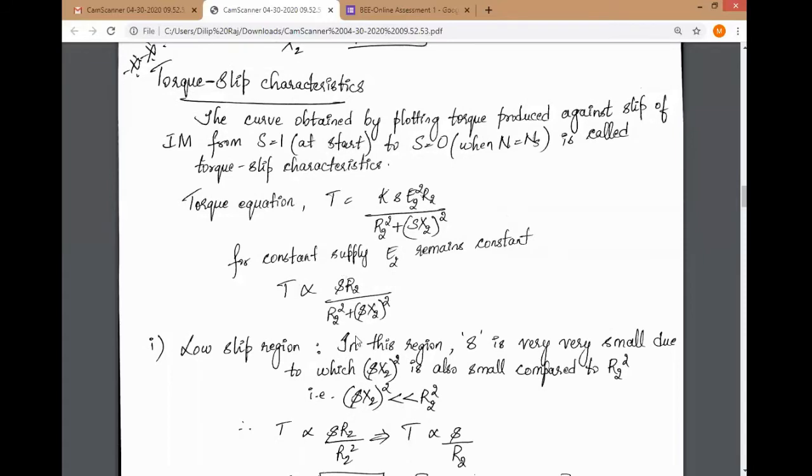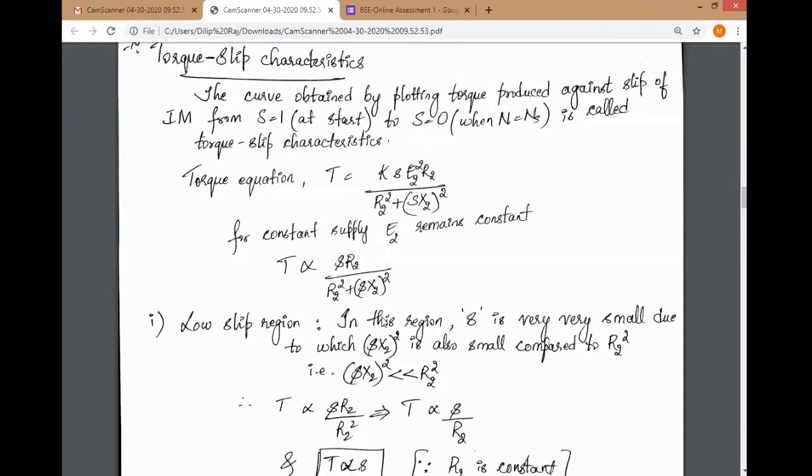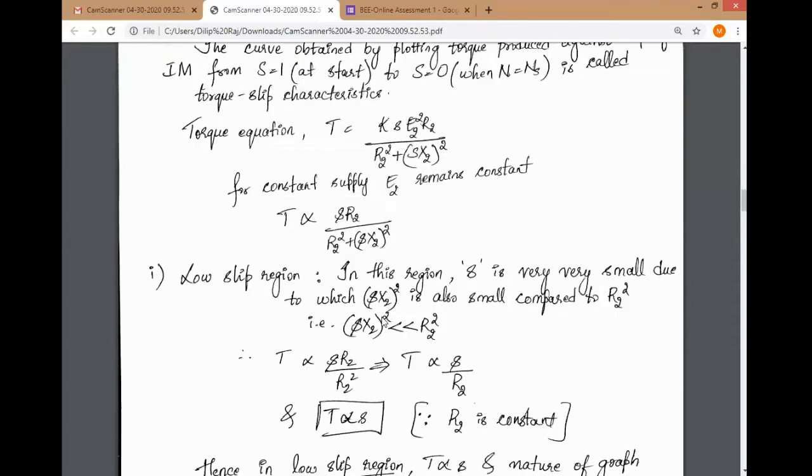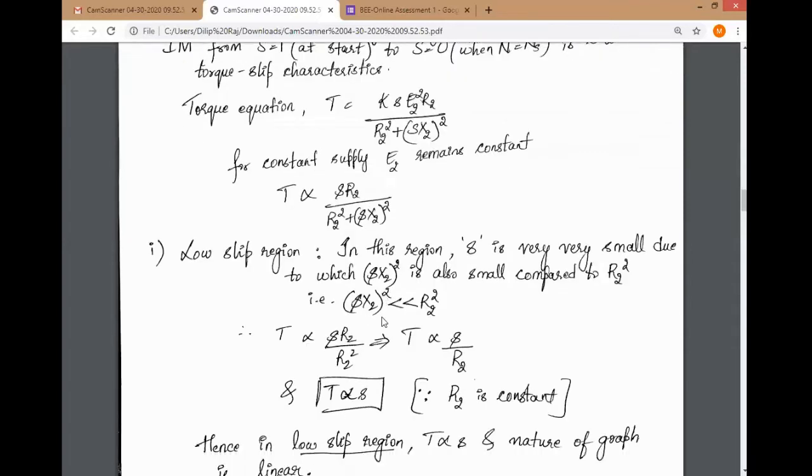So the only parameters on which the torque now depends are slip, resistance, and the reactance at standstill, as indicated here: S R2 by R2 square plus S into X2 the whole square. Now we are splitting this into two regions for ease of understanding the concept in a simpler way. The first part is we'll assume the operating region where the slip value is low.